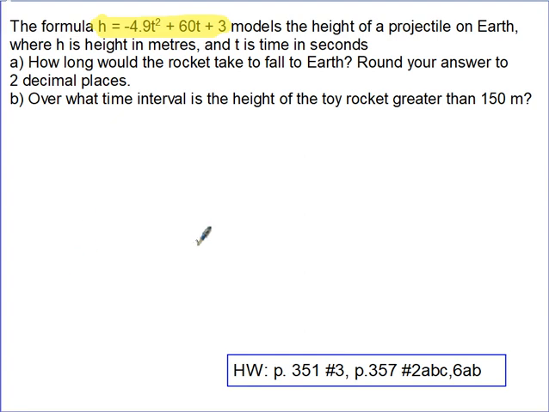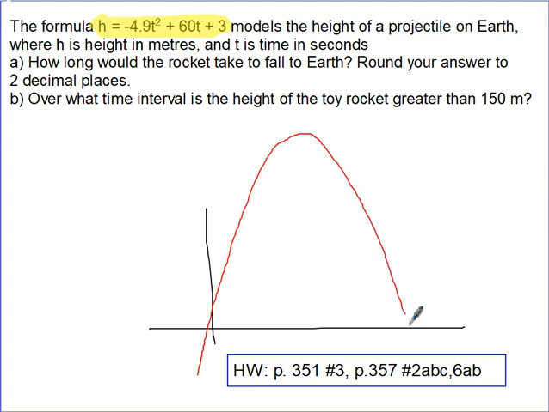Now remember, this is a projectile. So if we have a graph, it'll probably look something like this. It'll go way up and way down, right? This question is not asking for maximum height. It's not asking for the vertex. It's asking how long it would take for this thing to hit the ground. So t is our independent variable, our time, and h is our dependent variable, the height.